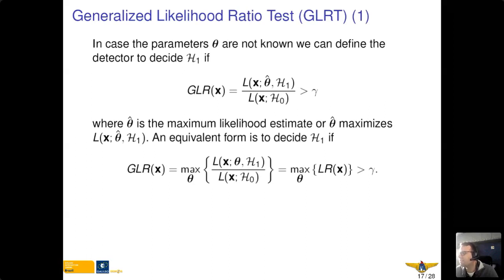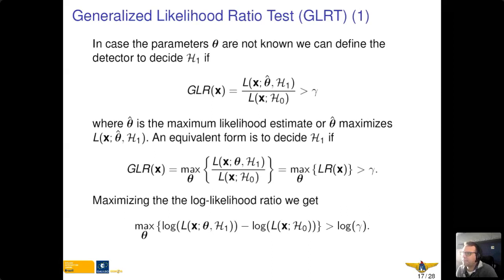This means that we maximize the likelihood ratio for the parameter estimate that maximizes this. So we are jointly performing an estimation and detection problem. We can also maximize the log likelihood ratio, meaning the logarithm of the likelihood of hypothesis 1 minus the logarithm of the likelihood of hypothesis 0.